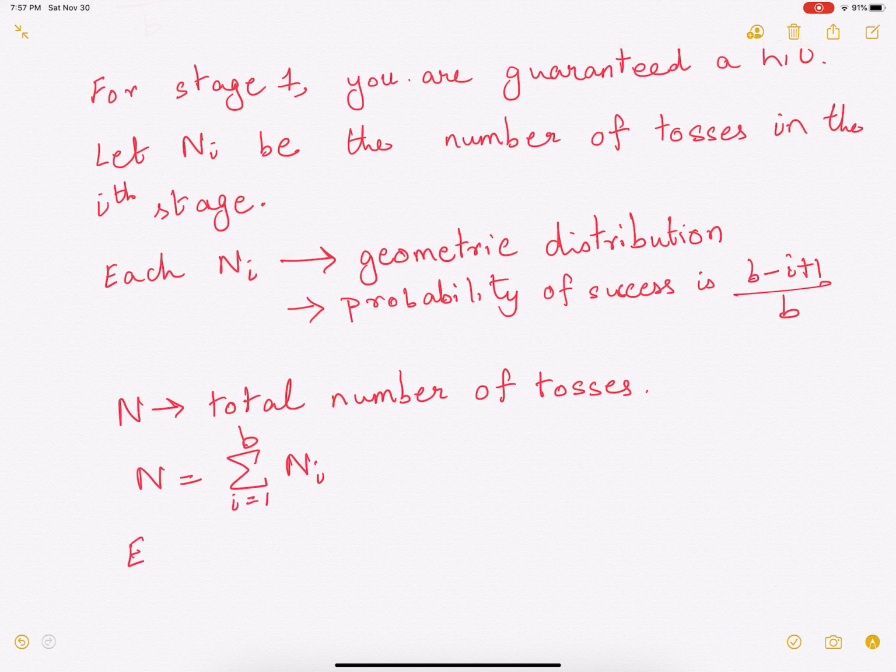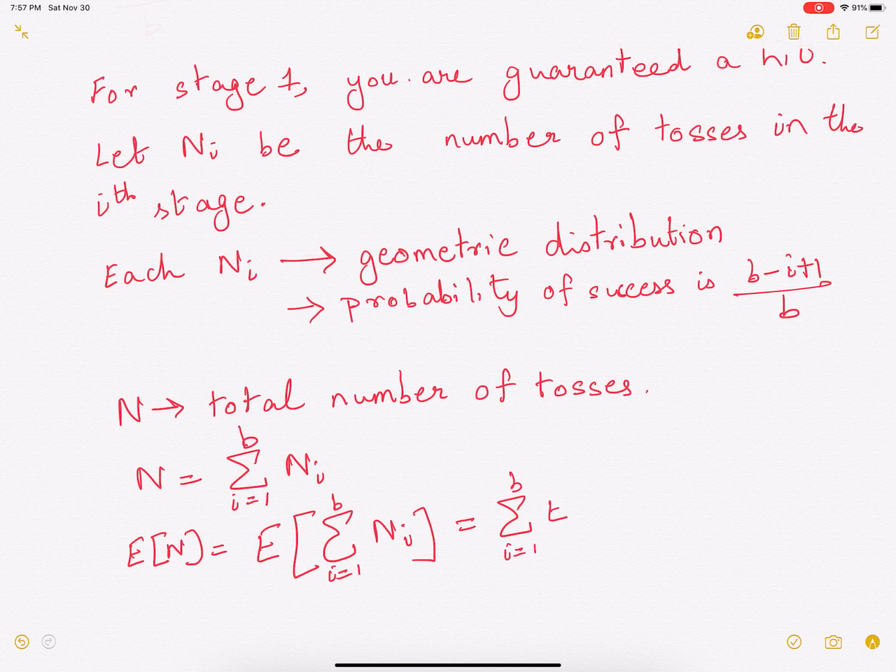So expectation of n is going to be expectation of the summation i equals 1 to b of Ni. And this expectation can be pushed through this summation, and therefore we will have the summation i equals 1 to b of expectation of Ni. Okay.